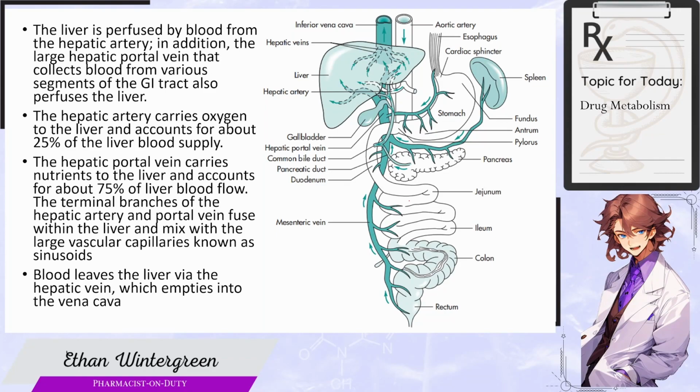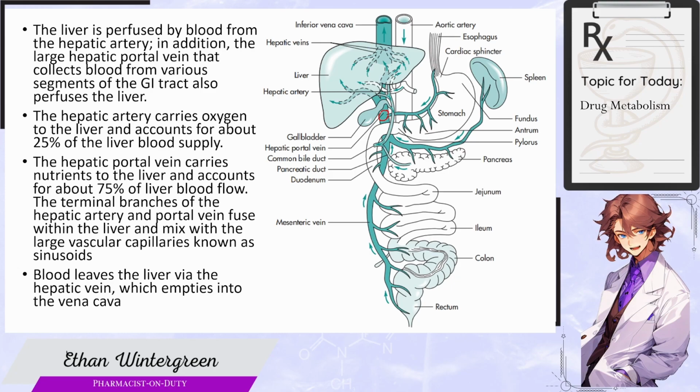The liver is heavily perfused from the hepatic artery, and it has a large hepatic portal vein that collects blood from various segments of the GI tract. This is the hepatic portal vein, the largest vein, and most of the veins meet in that location before heading to the liver.